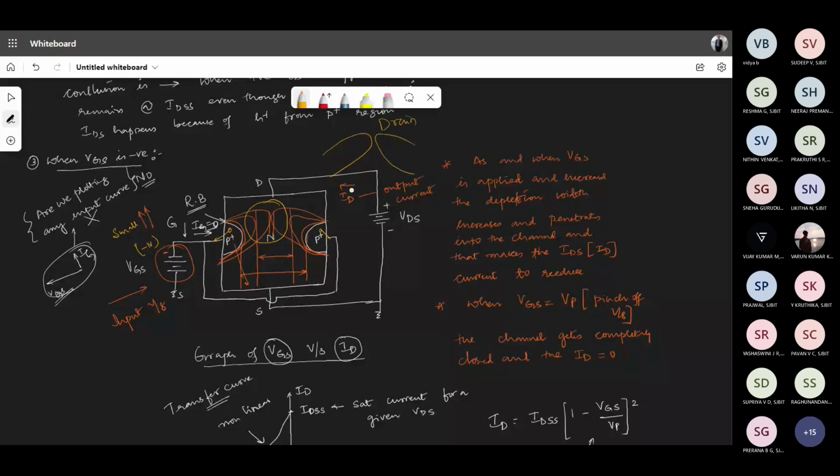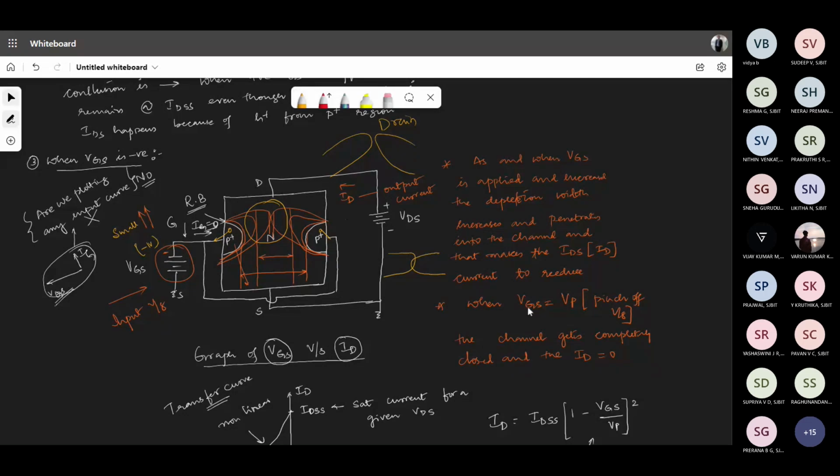It was not symmetric; I never said that the depletion regions will get created horizontally like this. There is a tilt in the depletion and it is more towards the drain. And this was very purposeful and this is how it really happens. But nobody questioned me about this. Why is that tilt more towards the drain? It could have been more towards the source also, but it is not happening like that.